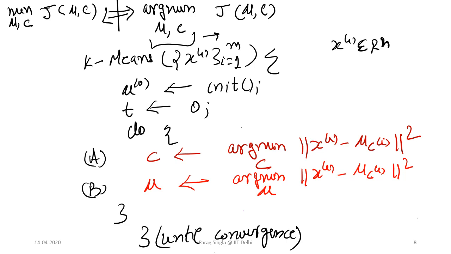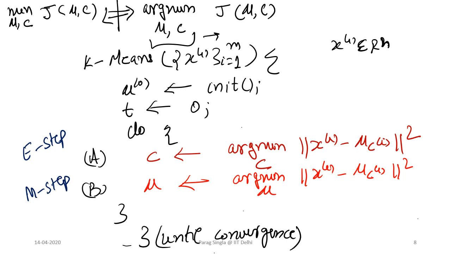What is this A step, also referred to as the E step, or computing expectations? That will become clearer later why we call it computing expectations, but just remember that finding these cluster assignments is also called the E step, and there is this M step, the maximization step, which is finding these mu's.